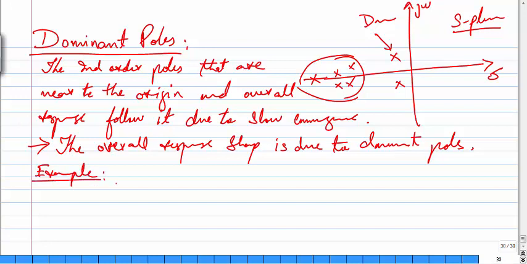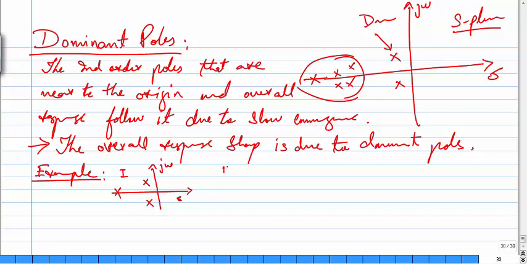In this example we assume different cases. For the first case, these are dominant poles, and we introduce a pole here. So this is case 1, this is your imaginary axis, and this is the real part.